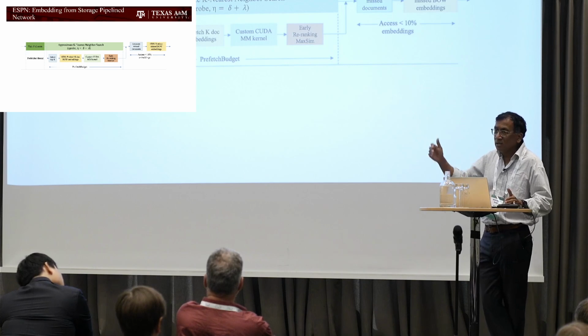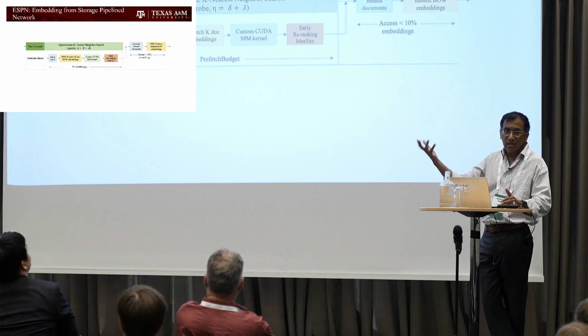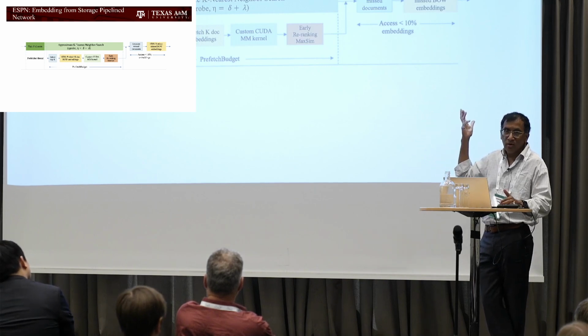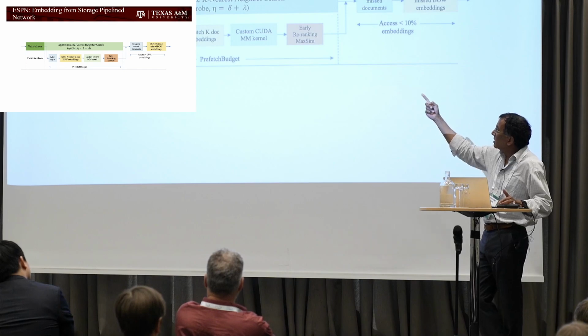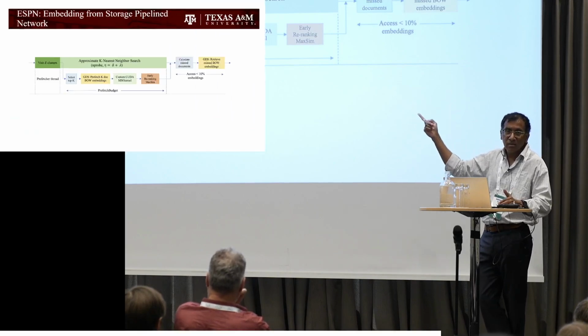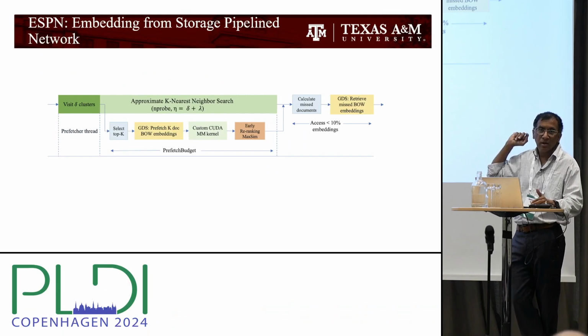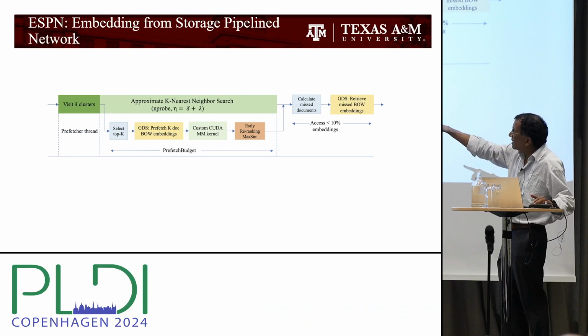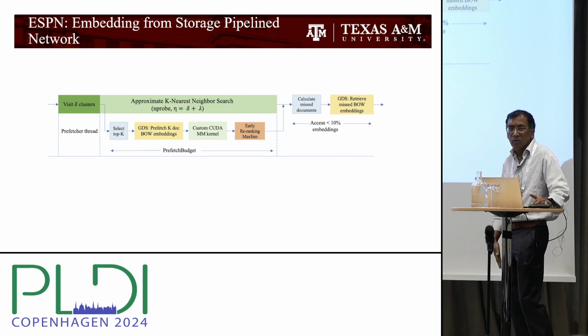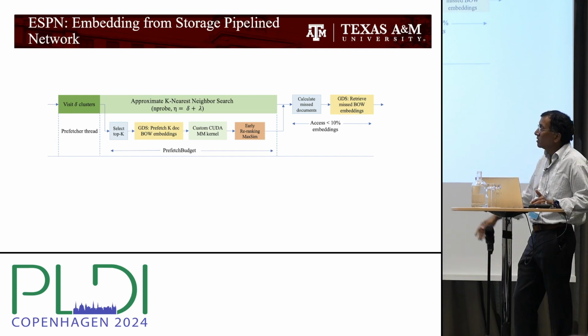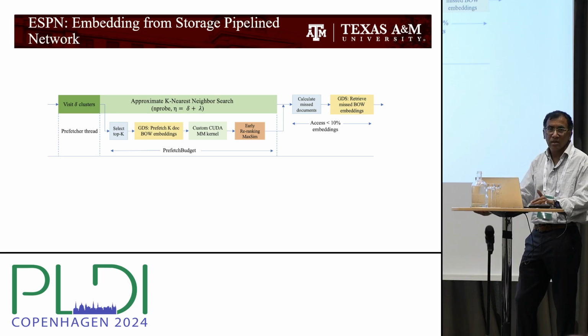10% of the thing that gets done, I immediately take that 10% and assume they are the best candidates. I'm going to issue the I/O for those. The remaining 90% is getting done while I'm doing the I/O for my 10% of the candidates. The idea is that now I can overlap the I/O for that 10% of the documents with the computation of the rest of the 90%.